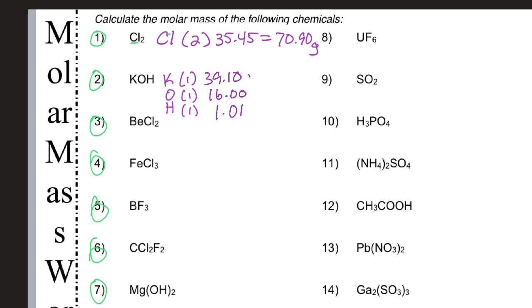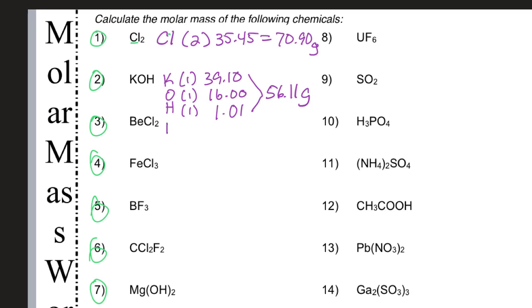I'm going to add all these together because it's times 1. 39.10 plus 16.00 plus 1.01 equals 56.11 grams. On to the next one.